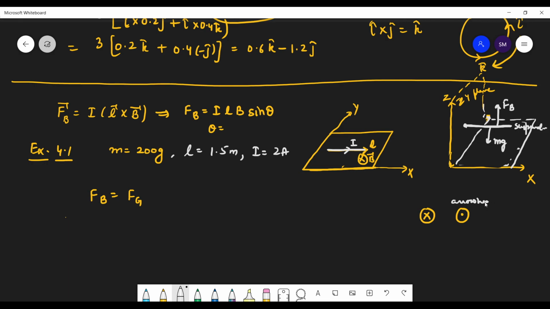So it means this is coming out towards you, and this direction is going in, away from you. Is this clear, students? These two directions.